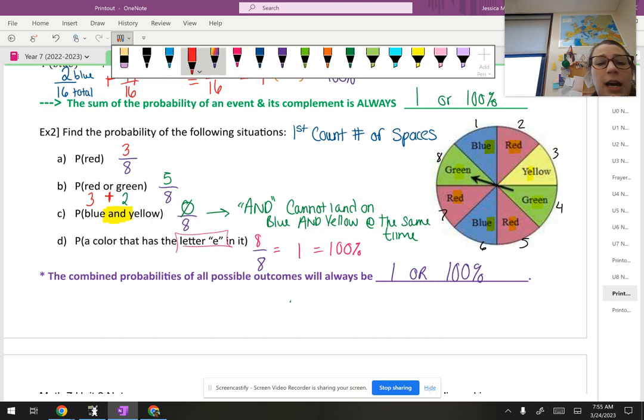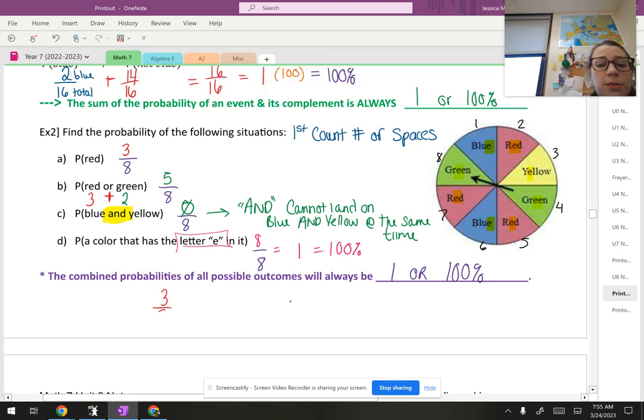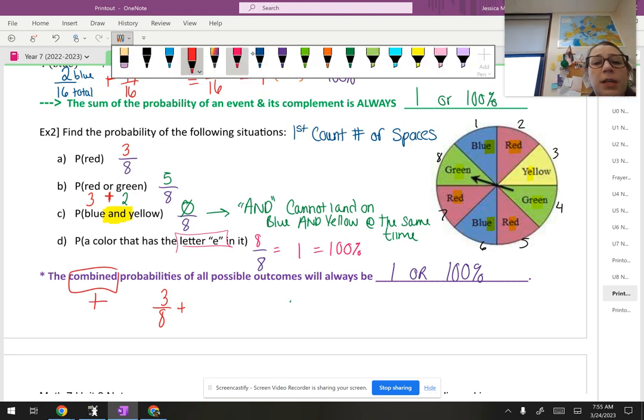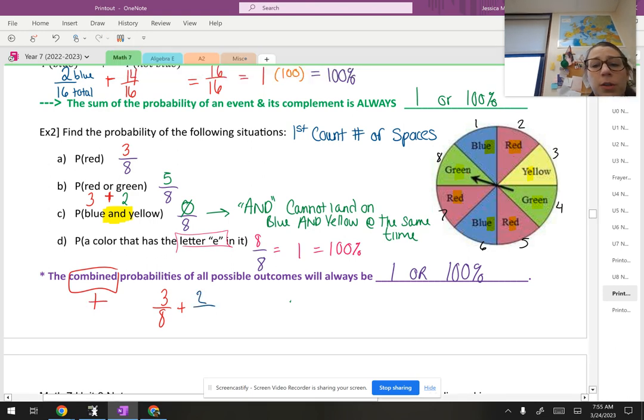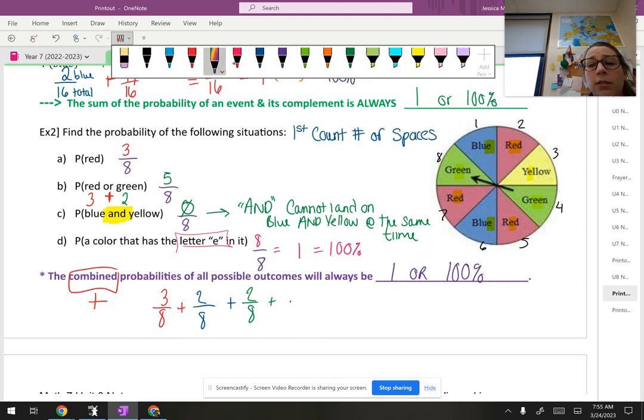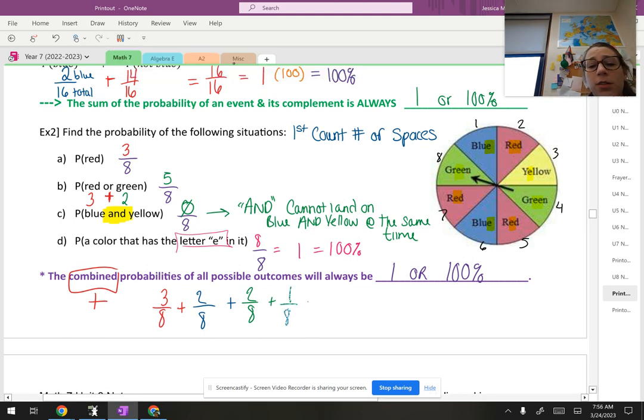The probability of landing on a red space would be 3/8. Combined, telling us to add. It's a terrible plus sign. The probability of landing on a blue was 2 out of 8. Probability of landing on a green is another 2 out of 8. And the probability of landing on that yellow was 1 out of 8.